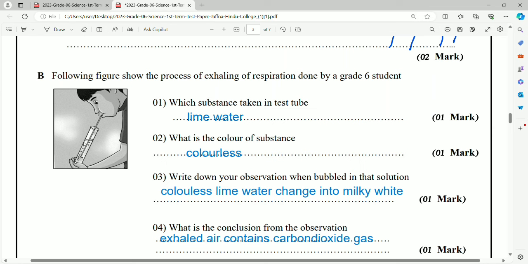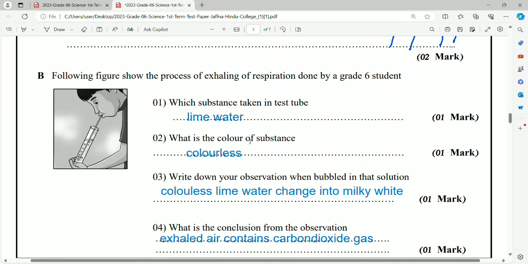This is the chemical we use to identify carbon dioxide gas. Lime water is used to identify carbon dioxide gas.